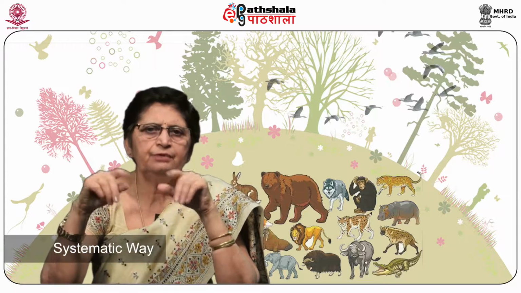In 1938, Verhulst proposed that populations grow in a much more systematic way than as proposed by Malthus.